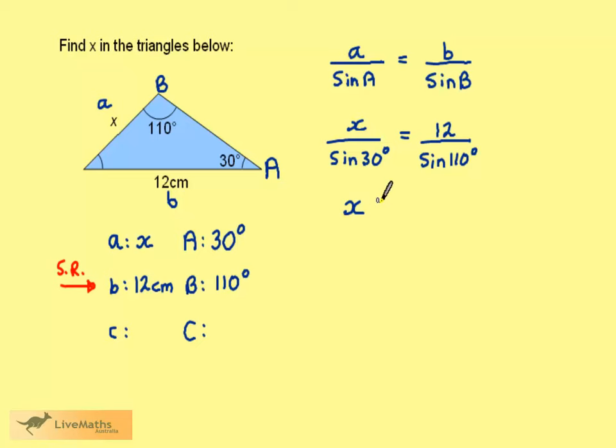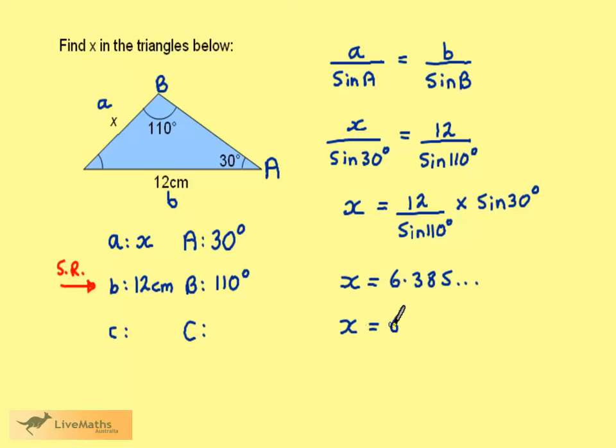Multiplying both sides by the sine of 30 degrees gives 12 over sine 110 degrees multiplied by the sine of 30 degrees. Calculating this, and you should always make sure you can get the same result on your calculator, we get 6.385 and so on. So x is 6.39 centimeters, correct to 3 significant figures.